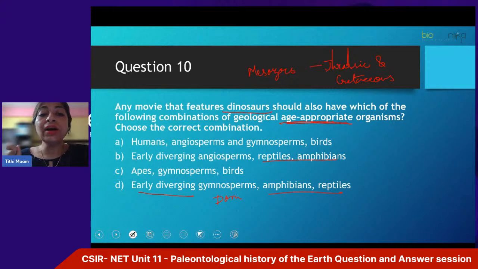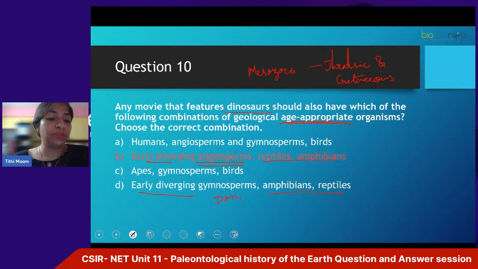But during the Cretaceous period of the Mesozoic era, the angiosperms started diverging. So early diverging happened during the Jurassic period as well as in the Cretaceous period. Reptiles and amphibians were common, but among the plants, early diverging angiosperms will be there.